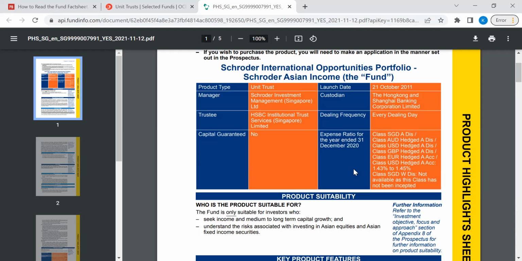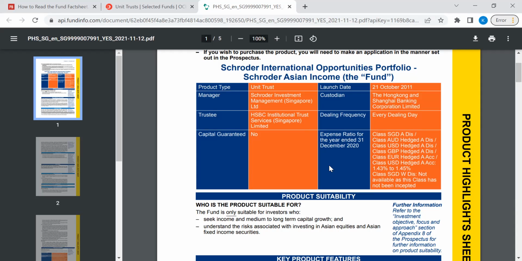But you won't see a bill being sent to you, because this expense is charged by deducting from the net asset value of your investment. You don't see a bill sent to you like the utility bill that people ask you to pay using credit cards. This is automatically deducted.